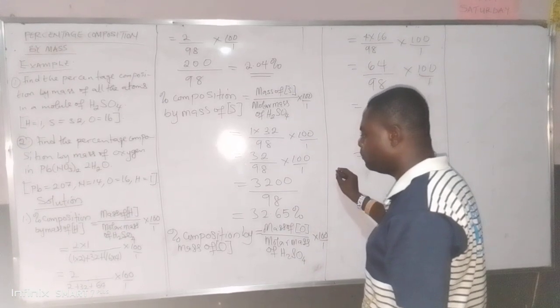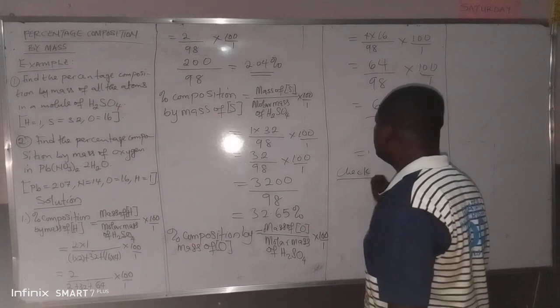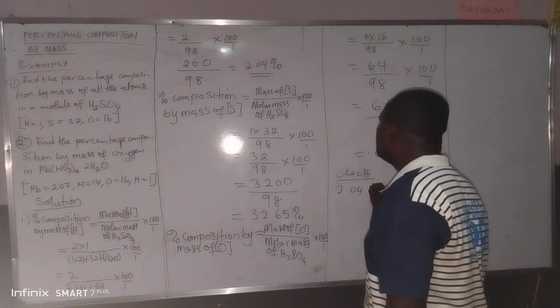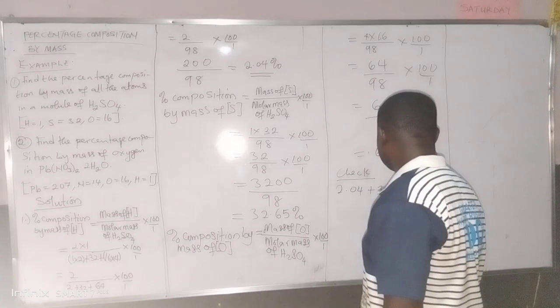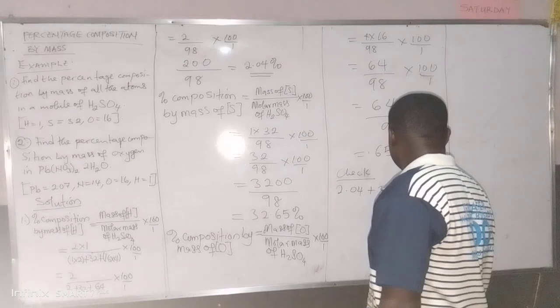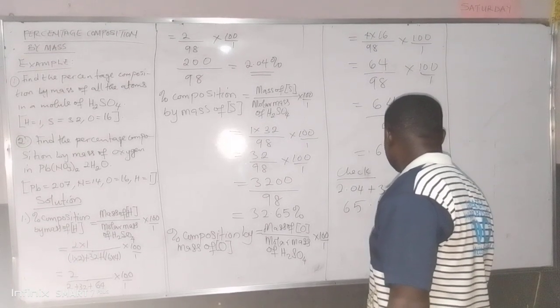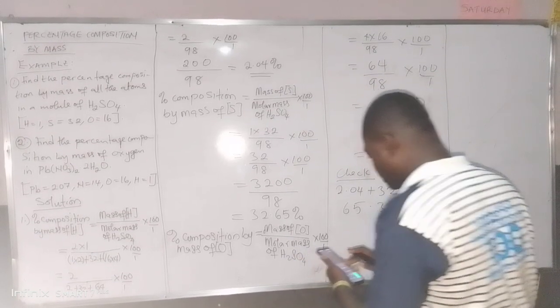So what do we have to check? I want to check now. Here we have 2.04 plus 32.65 plus 65.31. What is our answer going to be? Now let's check.